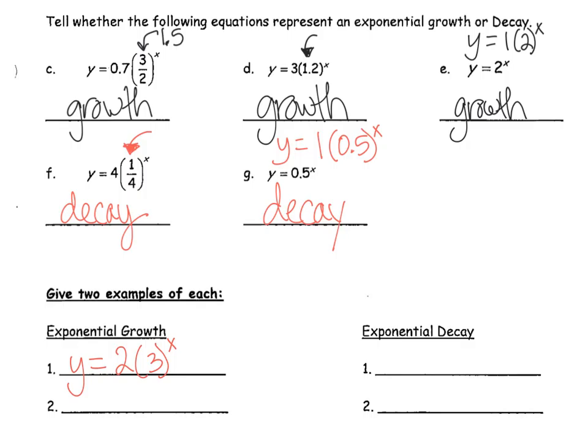What makes this a growth is that there is a 3 in the B position, right next to the exponent. Somebody else give me a growth. Y equals 1.7. Yeah. It's more than 1 by 7/10, 0.7.